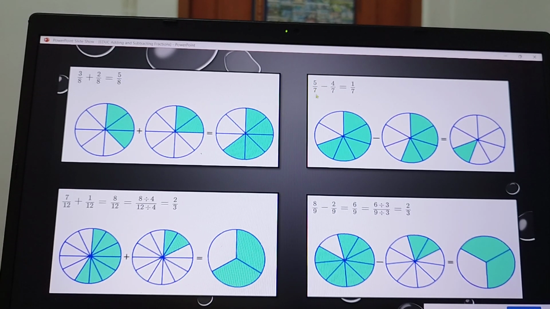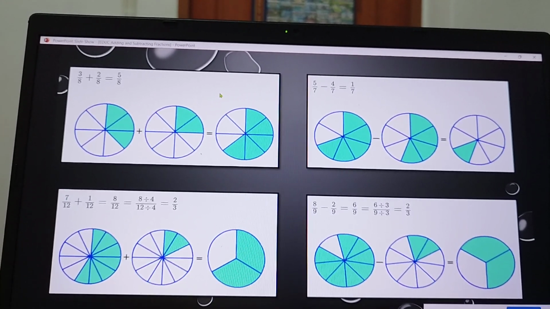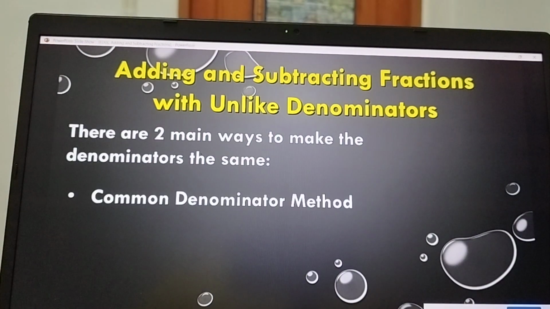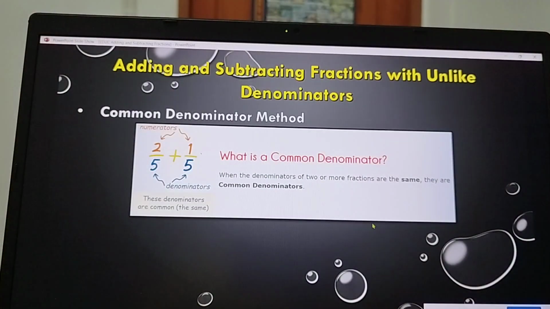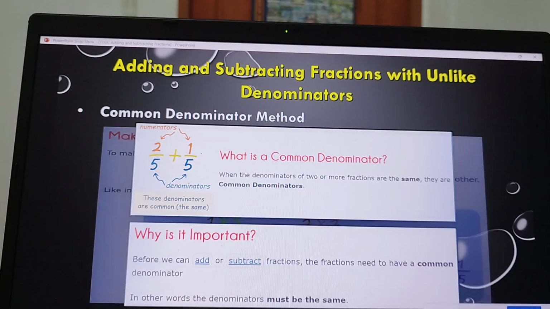Okay? 5/7 minus 4/7, the same denominator. So 5 minus 4 equals 1. Numerator 1, denominator 7. So the answer is 1/7. Again, if the denominators are the same. If it's not the same, you have two ways to make the denominators the same: the common denominator method and the least common denominator method. For today, we discussed the common denominator method.